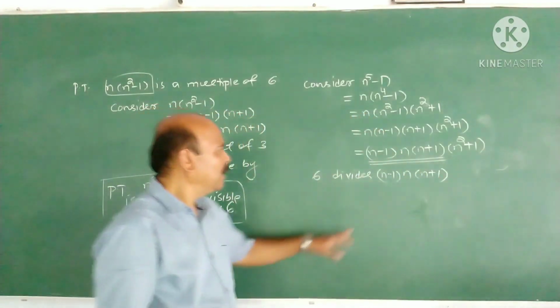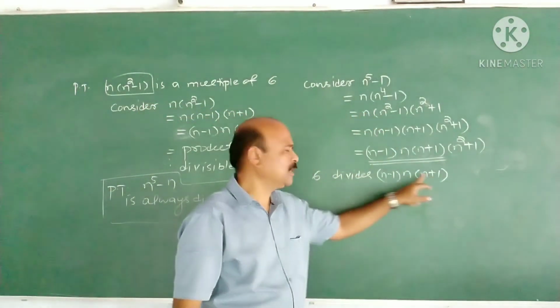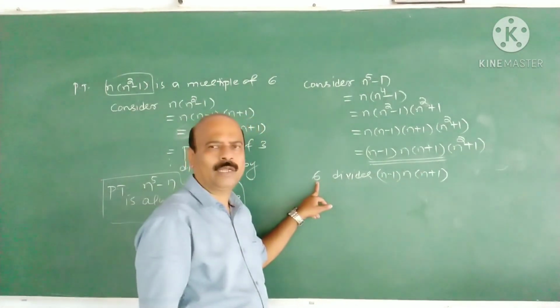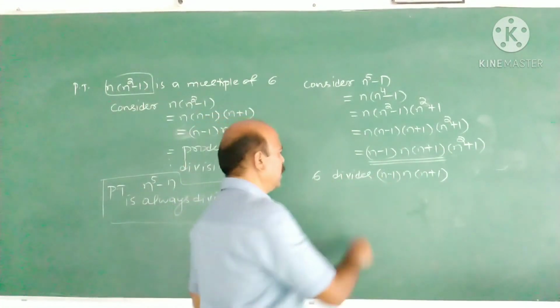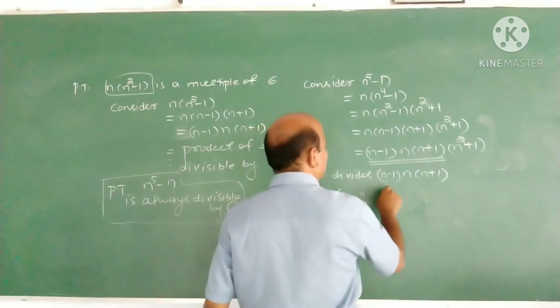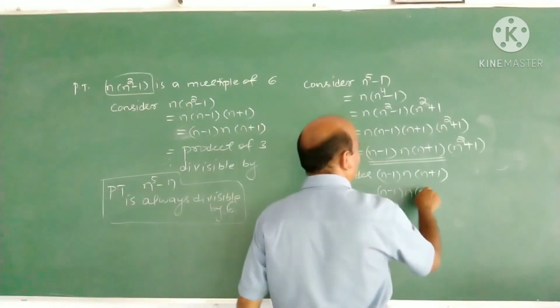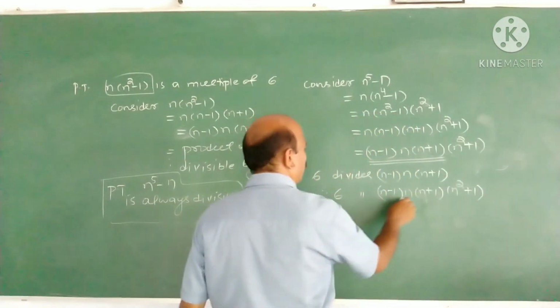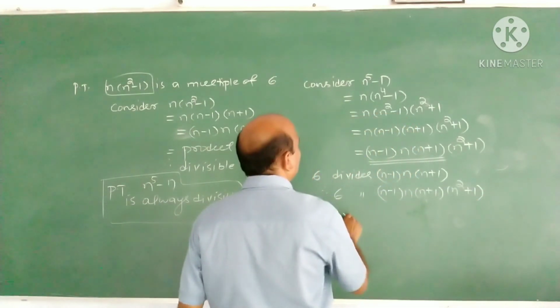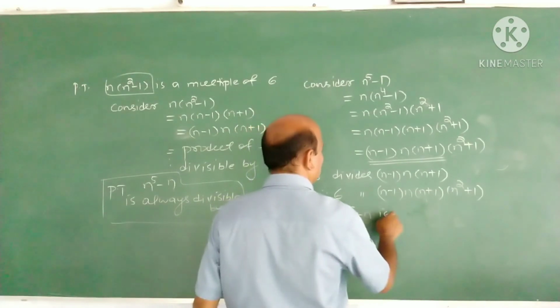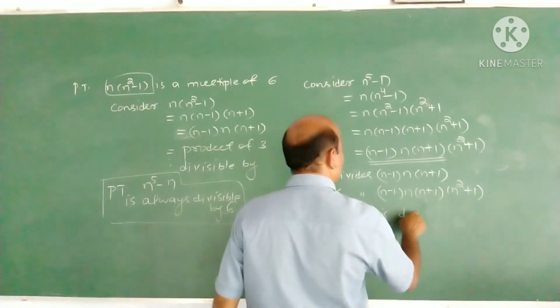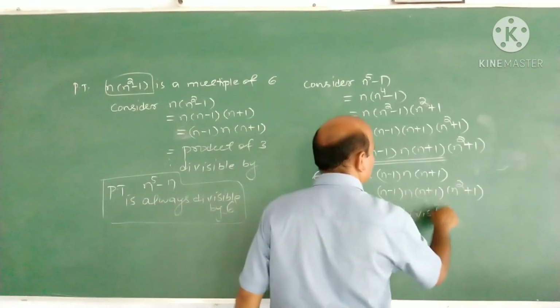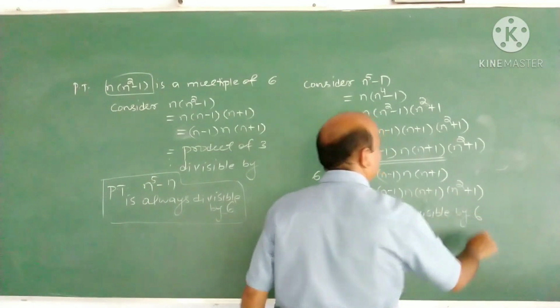What is that? The product of 3 consecutive integers is divisible by 3 factorial. 6 divides this. Therefore 6 divides n minus 1, n, n plus 1 into n square plus 1, because if a divides b, then a divides bx. Therefore n raised to 5 minus n is always divisible by 6.